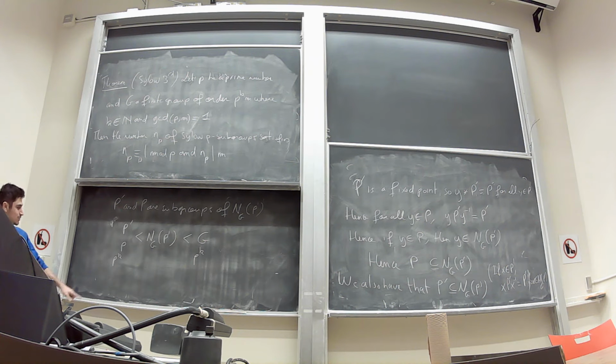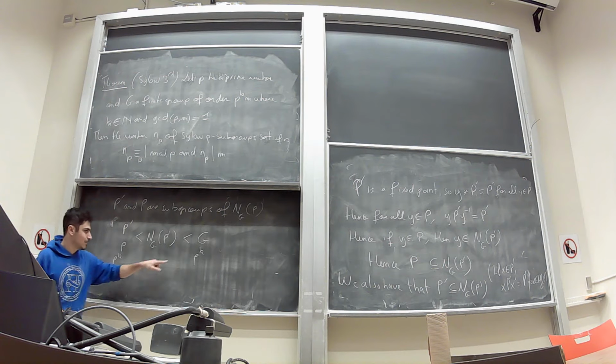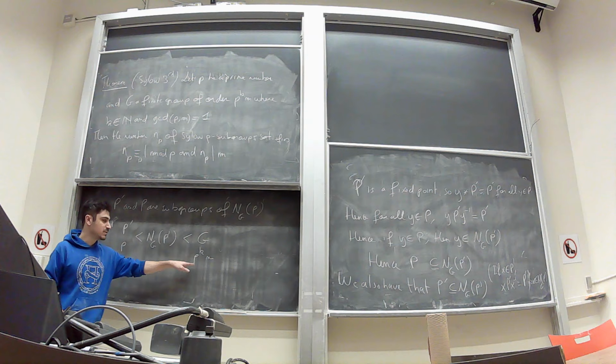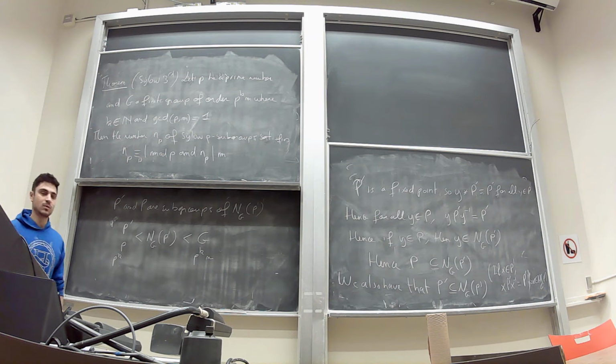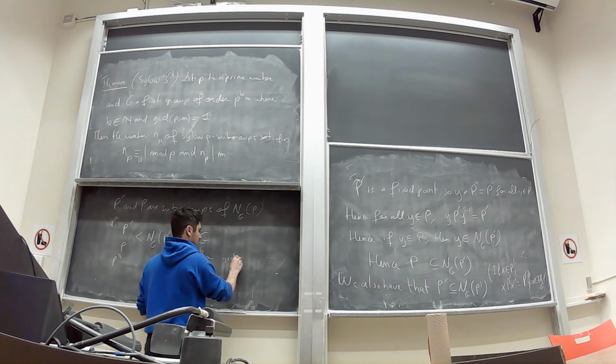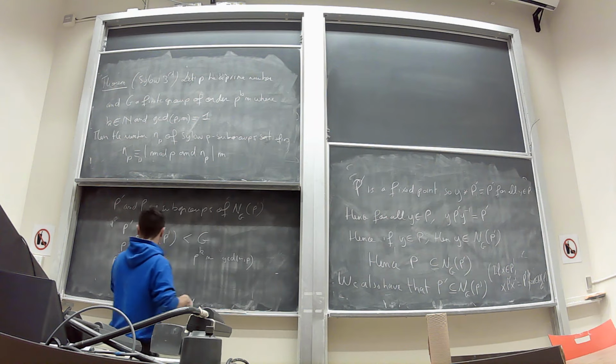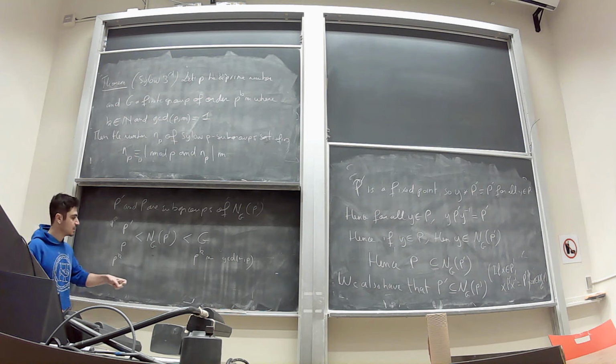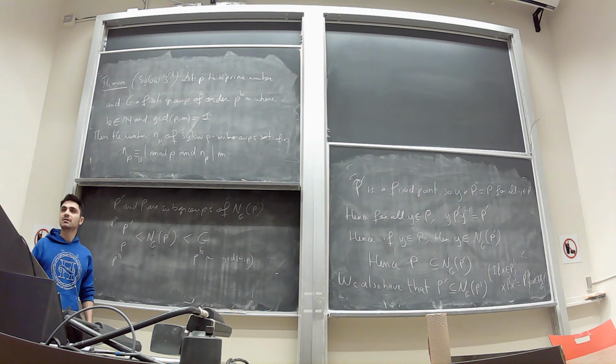Okay? So what is the size of P and P prime? It's p to the k. What is the size of G? It's p to the k times m, where m is coprime to p. Right? How many powers of p do you have in N_G(P prime)? If you have k powers of p here and k powers of p here, inside how many powers of p must you have? k, right?